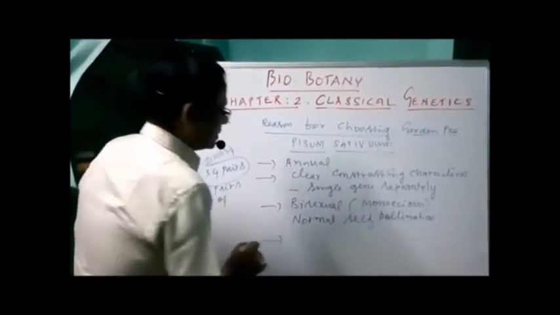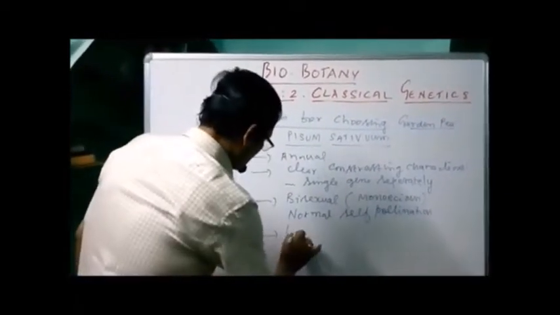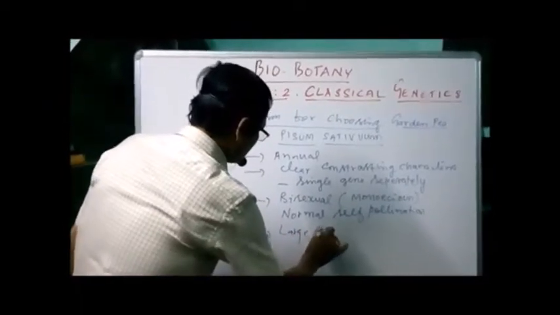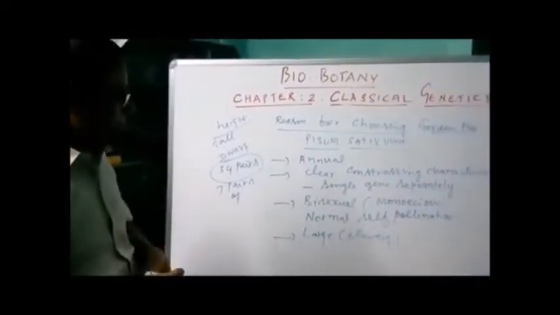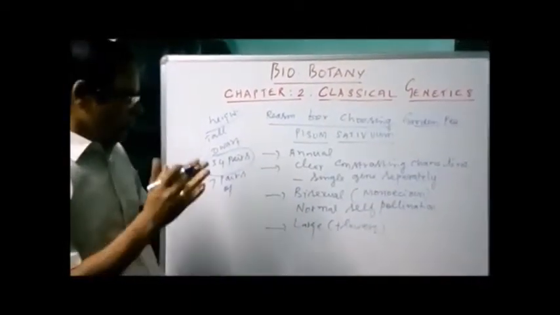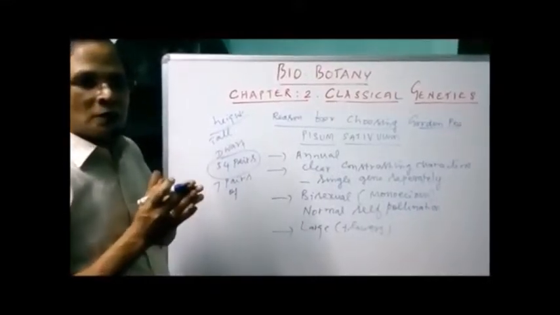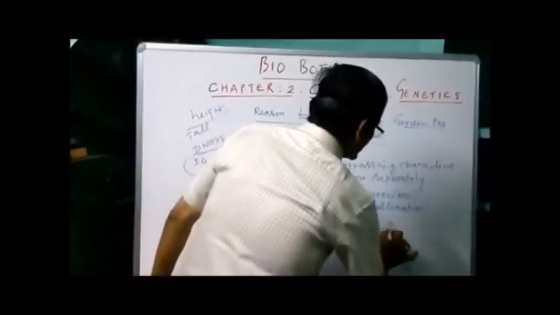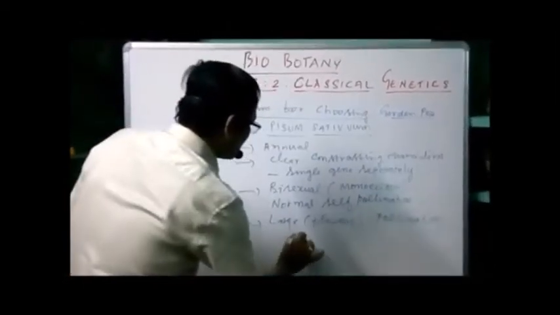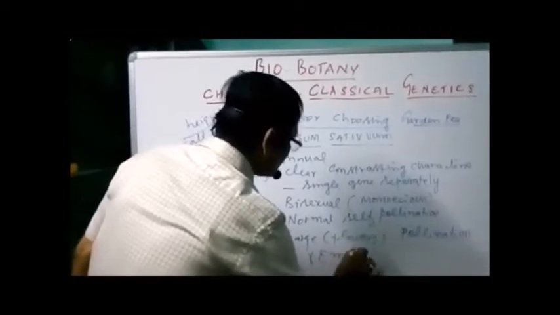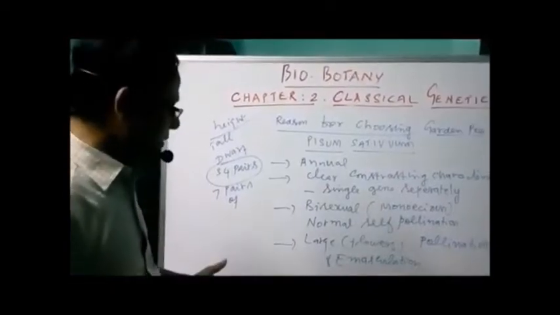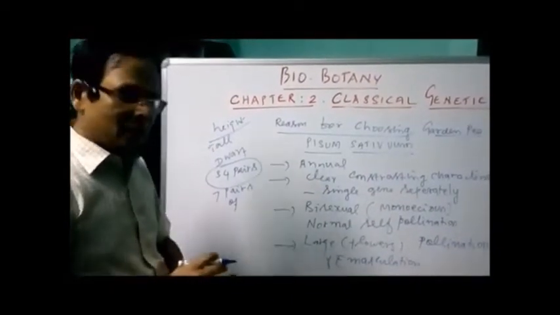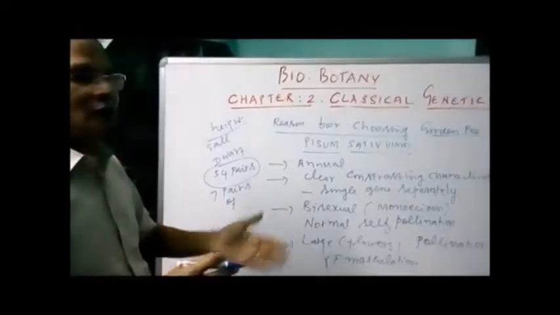Then, the plants are large and the flowers are also large and visible, so it is easy to study pollination and emasculation. What is emasculation?